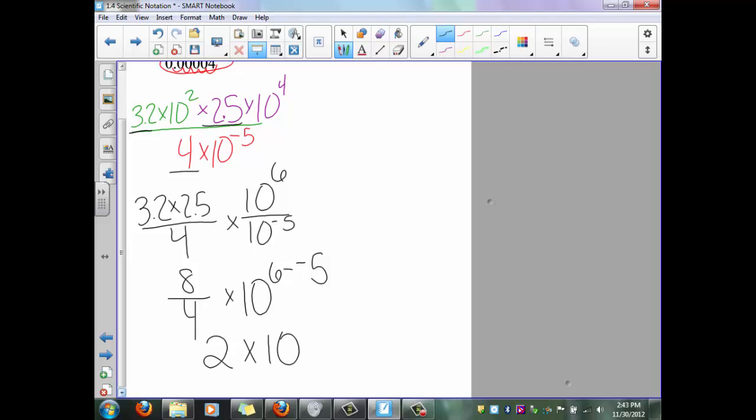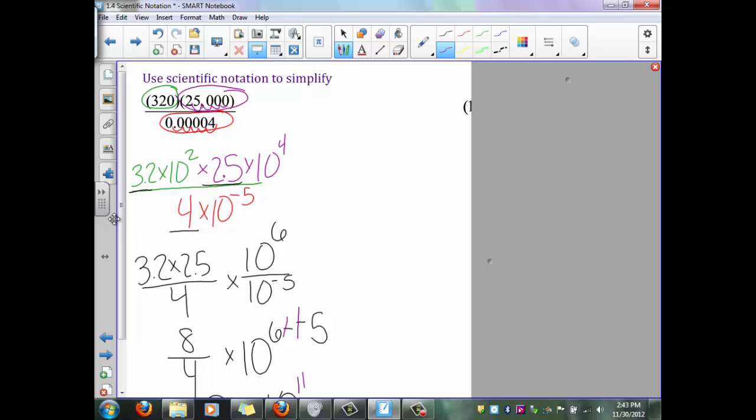And we want to add our opposites here to the 11th. So 2 times 10 to the 11th. And if you wanted to write this back in standard notation, you could. And it would be 2 with a lot of zeros behind it.